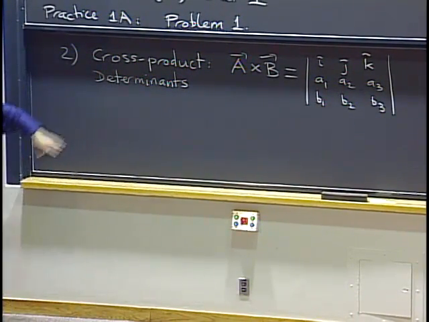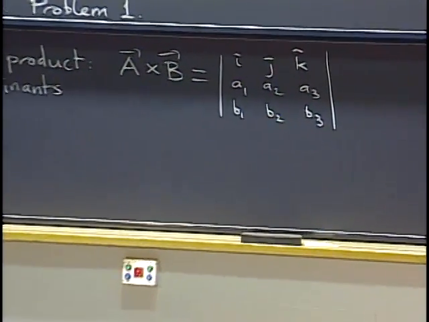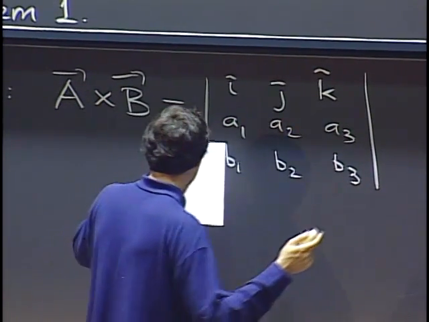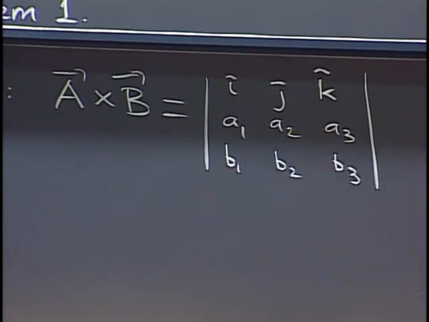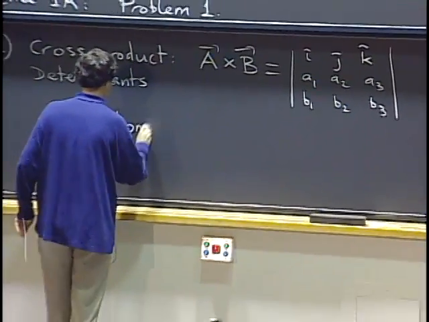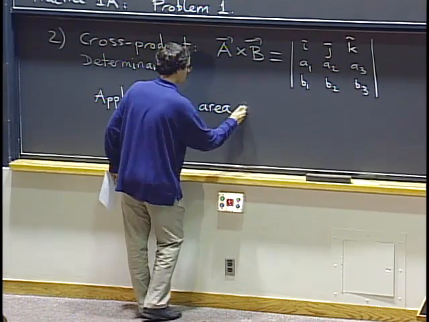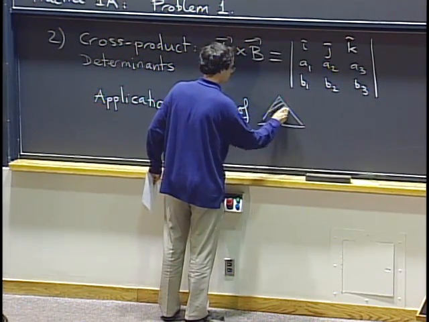By that I mean 2 by 2 and 3 by 3. Don't bother reading on larger ones, even if you're interested. They won't be on the test. And applications of cross product, for example, finding the area of a triangle or a parallelogram in space.